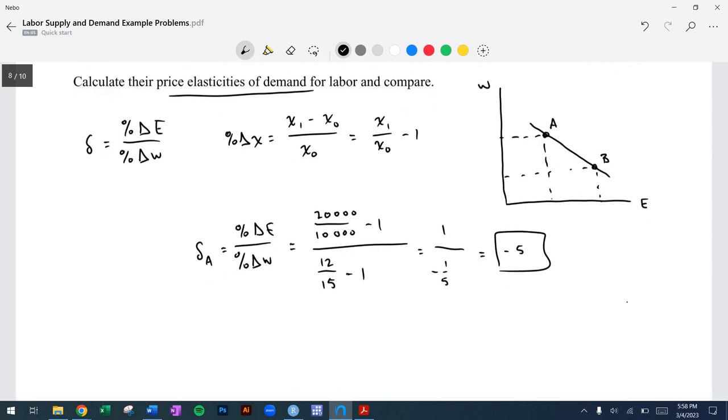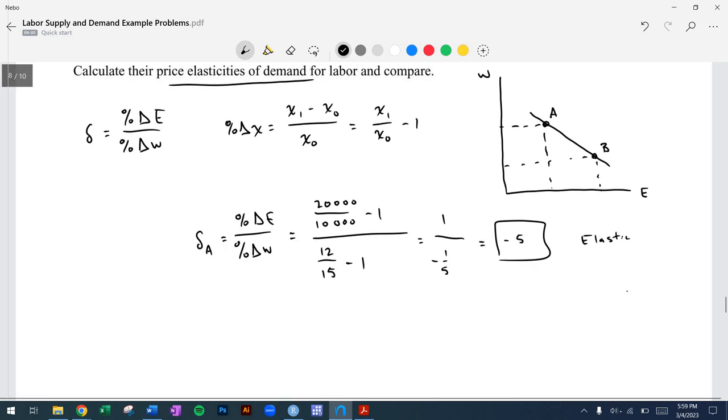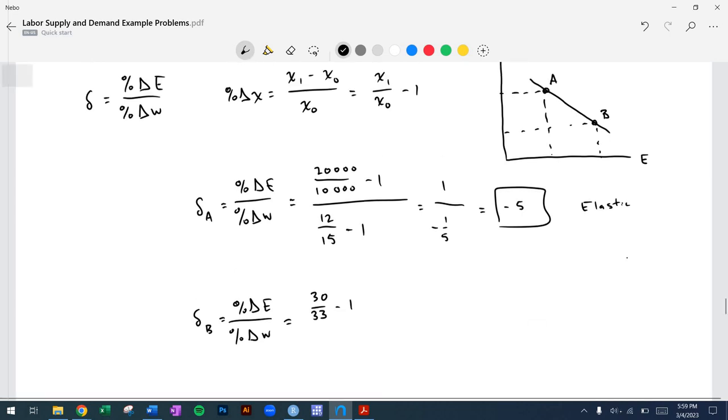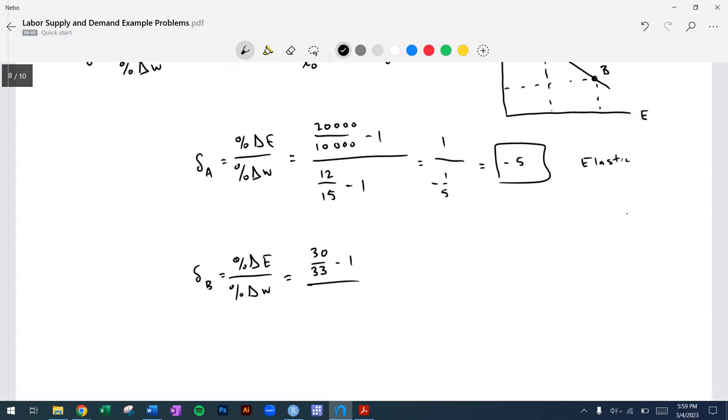So the absolute value is greater than 1, so that's quite an elastic demand curve. And we'll interpret that here in a second. Let's do firm B: percent change in employment over percent change in the wage. If we start at 33 and go up to 30, those are in thousands, but we'll just abbreviate it there.